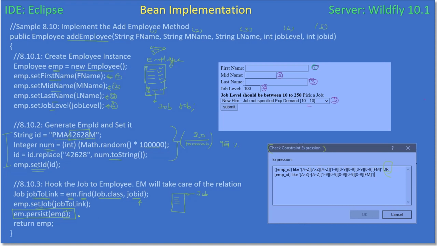Why? Because first of all, in the emp instance we don't provide any cascade attribute, cascade all or cascade persist, all those we don't provide here. We completely left out the cascade information.